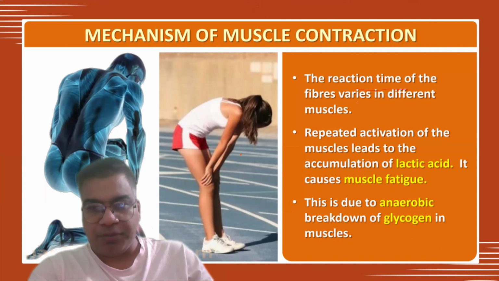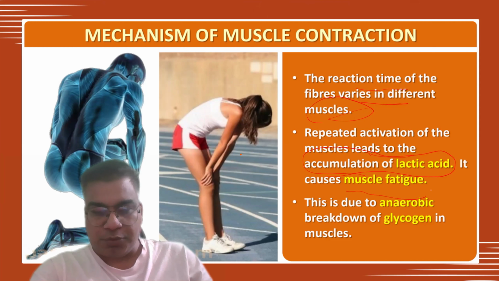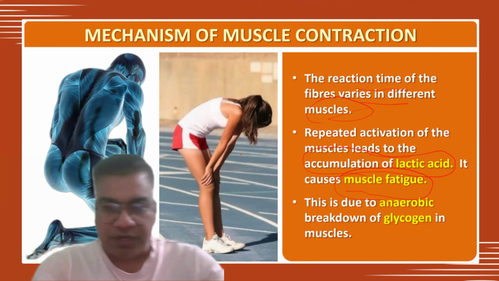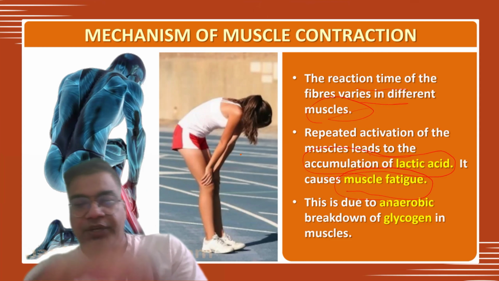The reaction time of the fibers varies in different muscles. Repeated activation of muscle leads to the accumulation of lactic acid. This is responsible for muscle fatigue. The accumulation of lactic acid is responsible for the muscle fatigue.